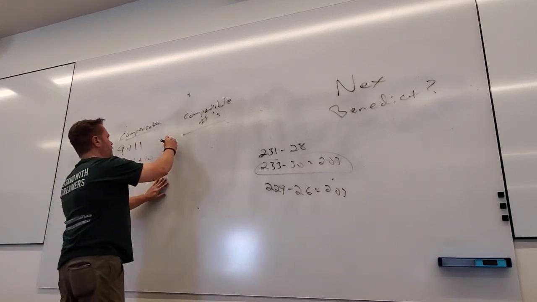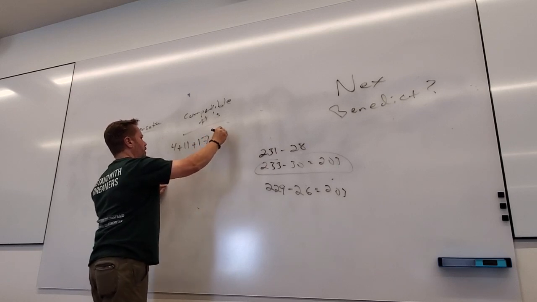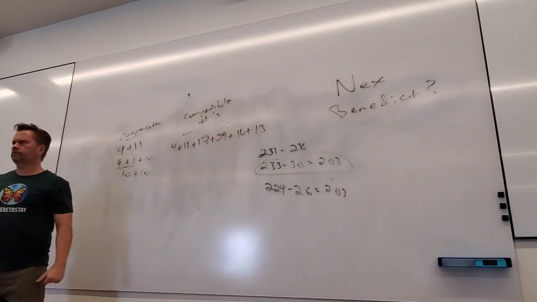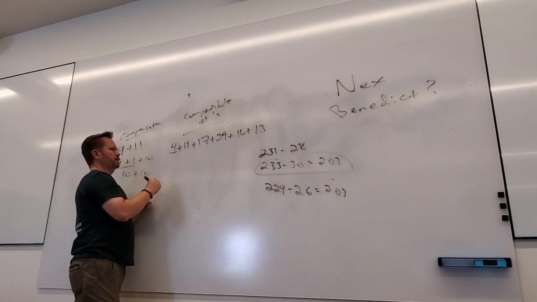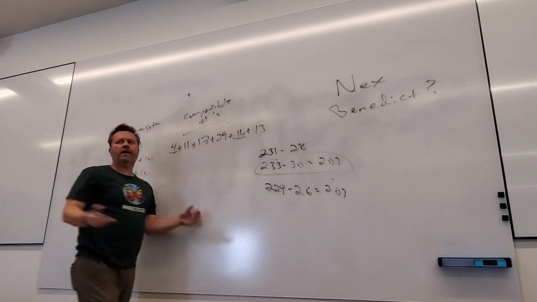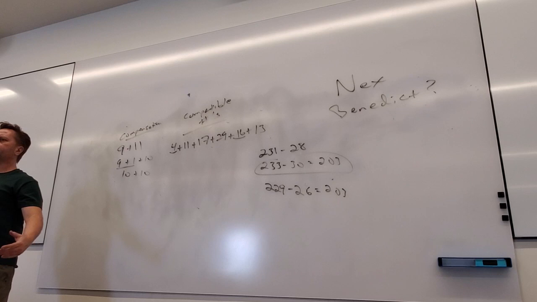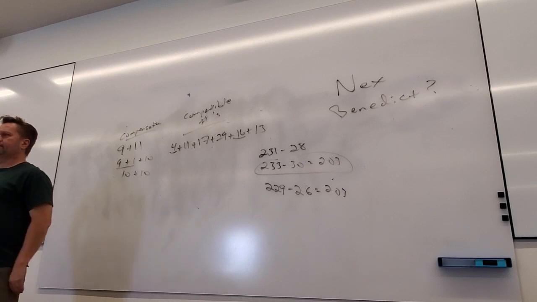Like if I had to add 4 plus 11 plus 17 plus 29 plus 16 plus 13, what am I looking for? What does 4 go with nicely? 6. Those are compatible. A lot of times it's a process that we just naturally do, and we don't necessarily know what it's called.